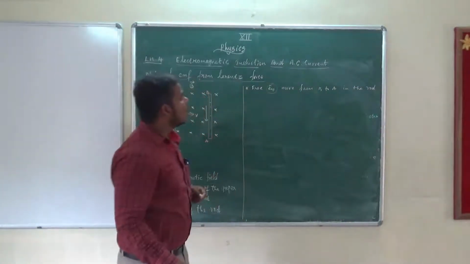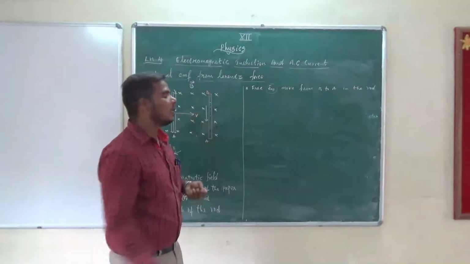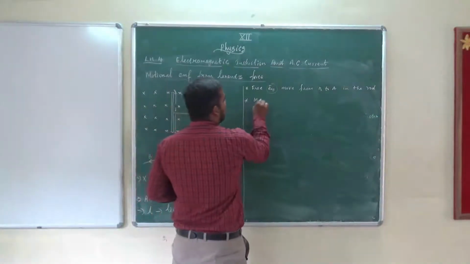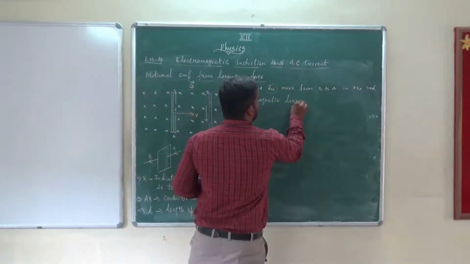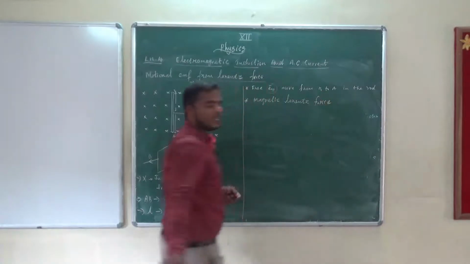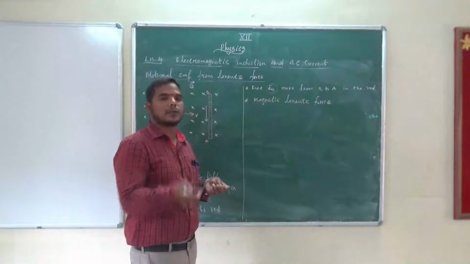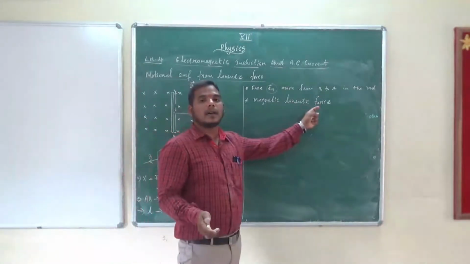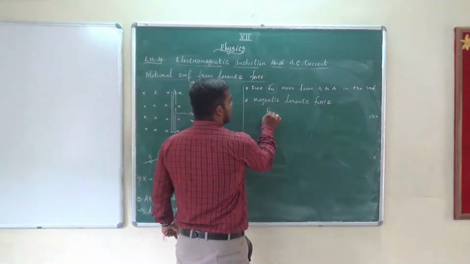Due to the free electrons moving from B to A, they experience the magnetic Lorentz force. Already we have discussed the magnetic Lorentz force in our previous chapter, so no need to explain it again.